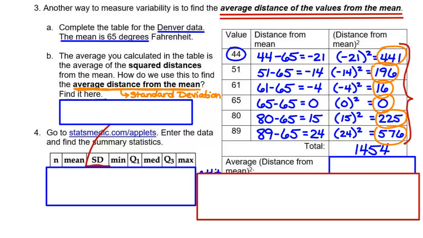What did you get for the sum of all the squared values? 1,454. Perfect.